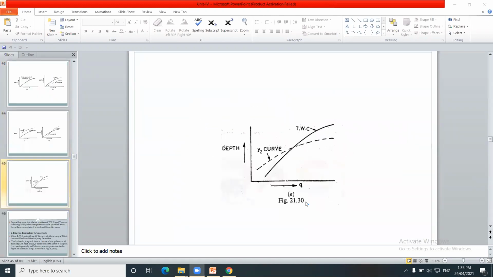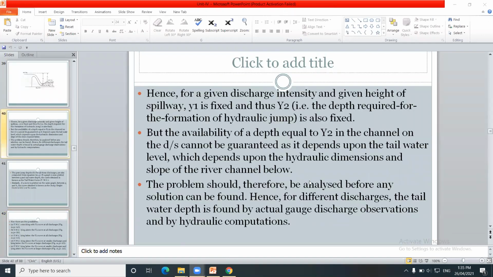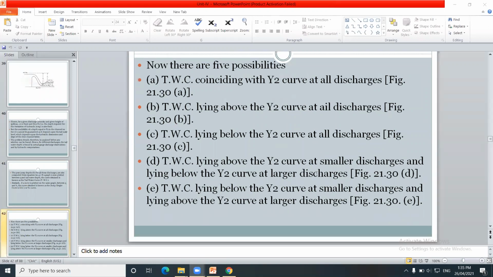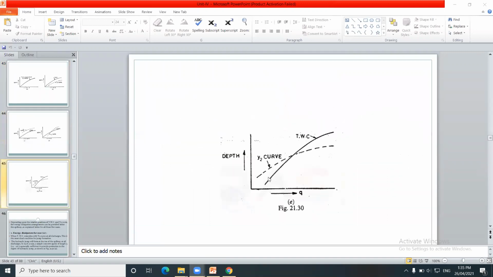The diagram E in this: for smaller discharges, TWC lying below the Y2 curve, and for larger discharges it will lie above the Y2 curve. So both are intersecting at this point, the Y2 curve shown by dotted line.